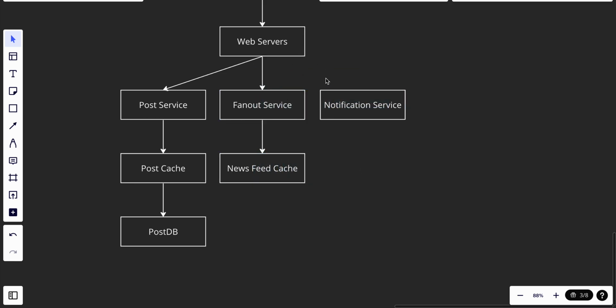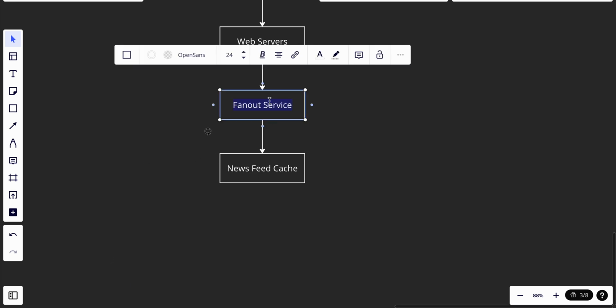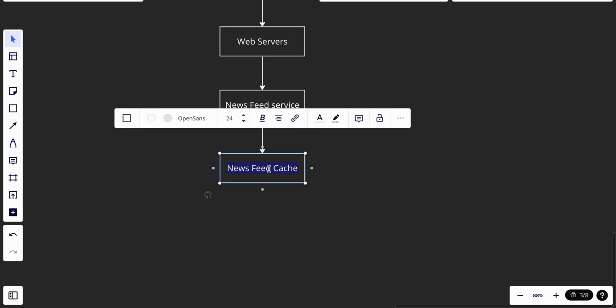We should delete this and this and these two things. And we have a news feed service and a news feed cache.